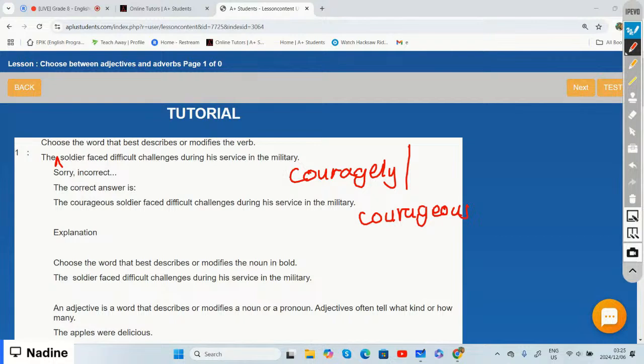Is it the completely soldier, or the courageous soldier?